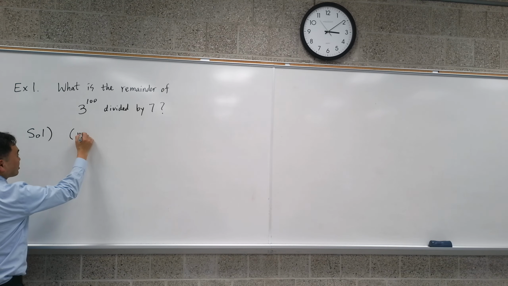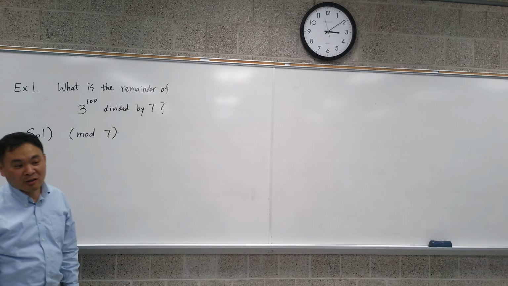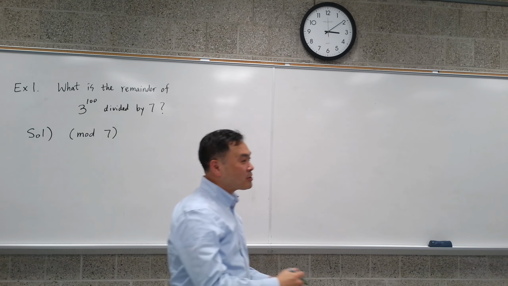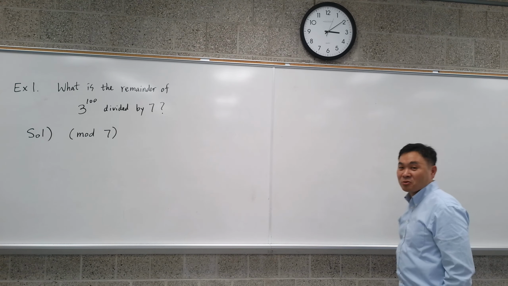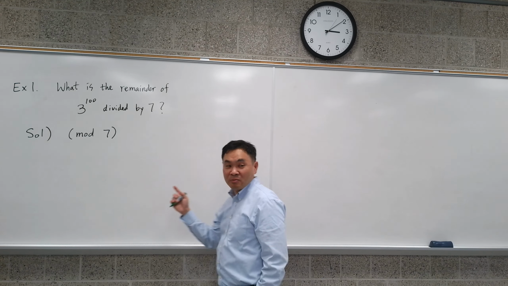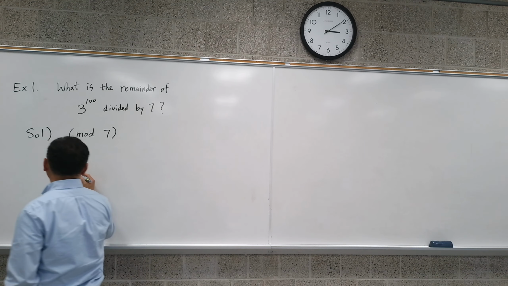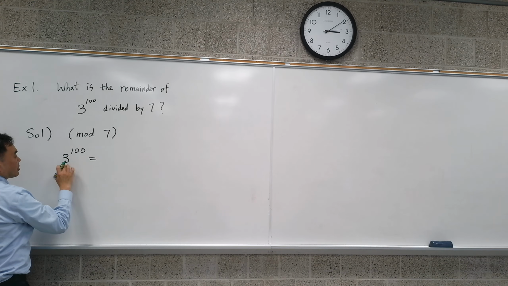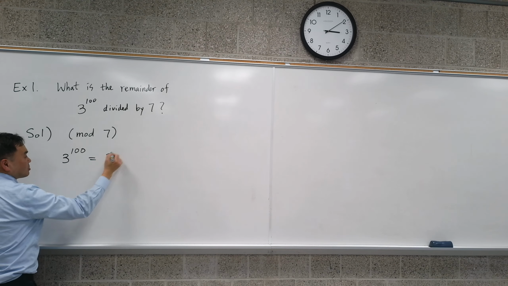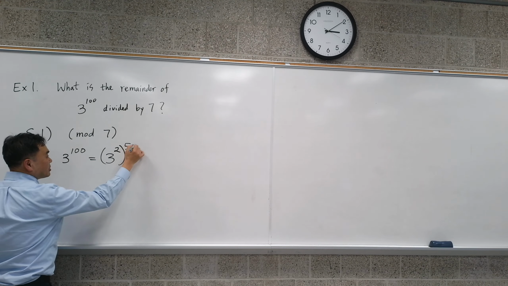All the calculations afterwards are being done mod 7. Remember, in mod 7, you can replace a number by another one as long as they have the same remainder after dividing by 7. So if you have 3 to the 100th power, that can be thought of as 3 squared to the 50th power, right?